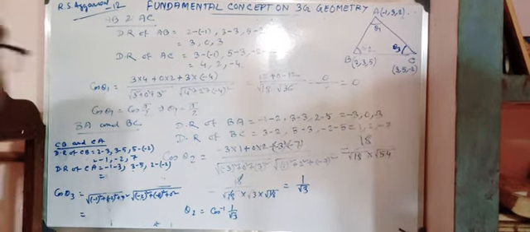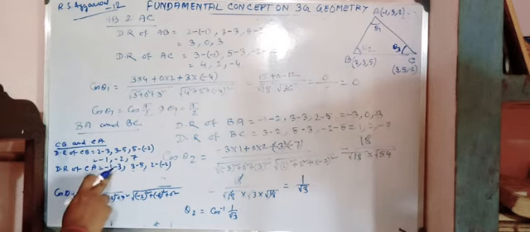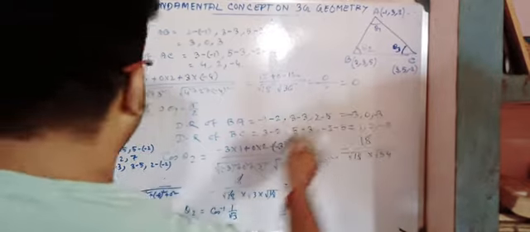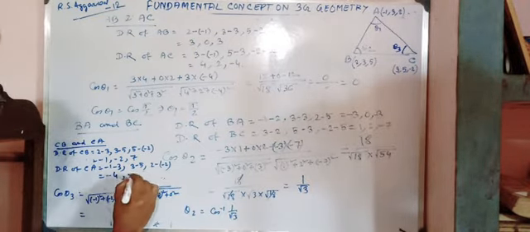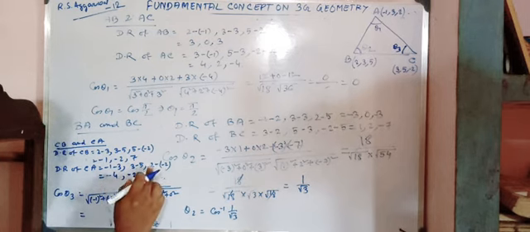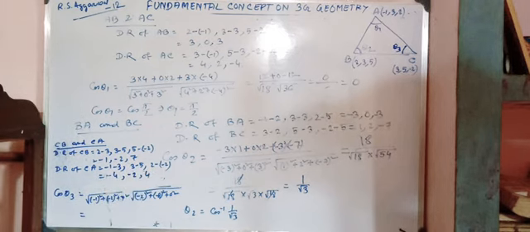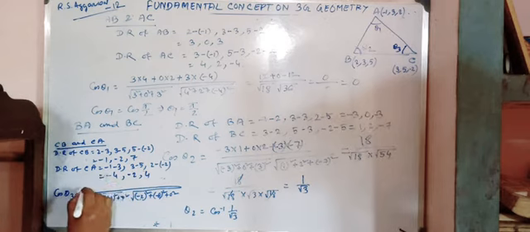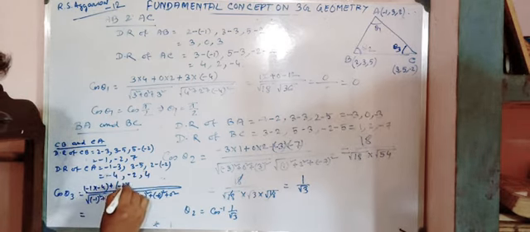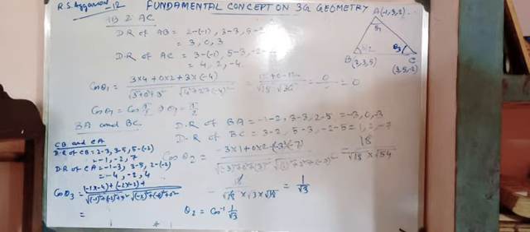viewers, once again here the direction ratio of CA should be this: minus 1 minus 3, that is minus 4, 3 minus 5, that is minus 2, and minus 2 plus 2, that is plus 4. Understood that? So my cos theta 3 is equal to minus 1 into minus 4 plus minus 2 into minus 2 plus 7 into 4.